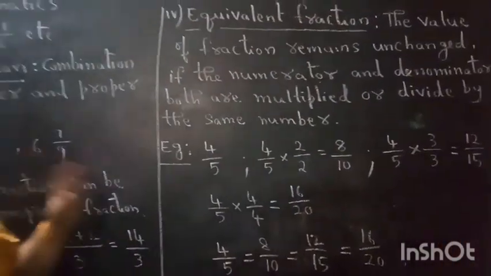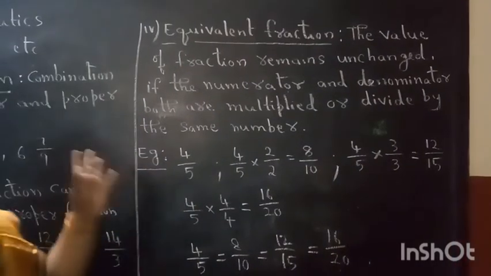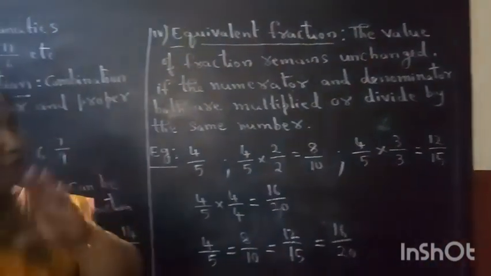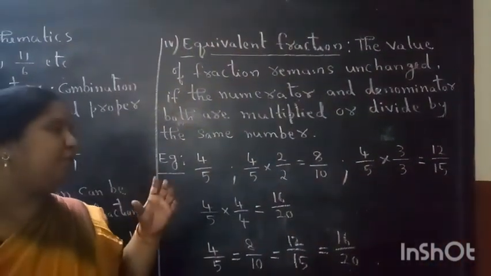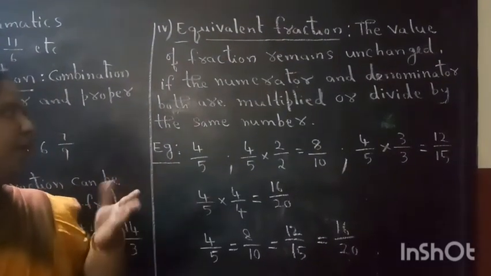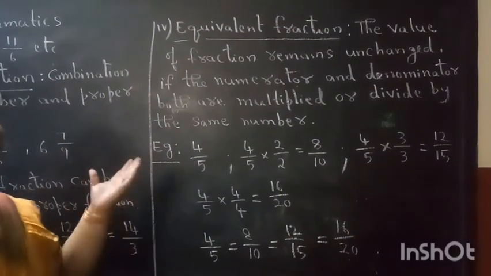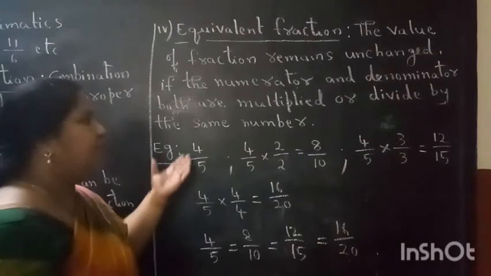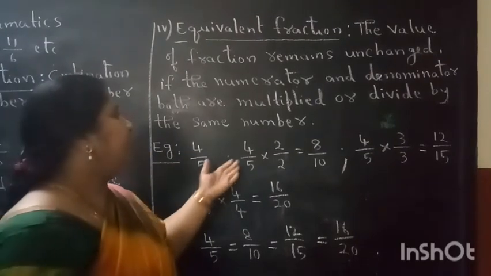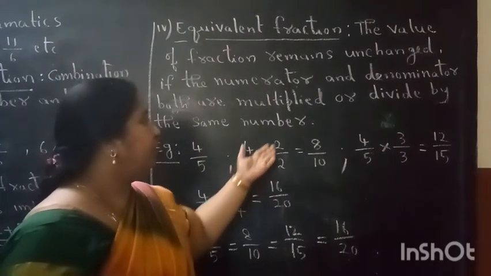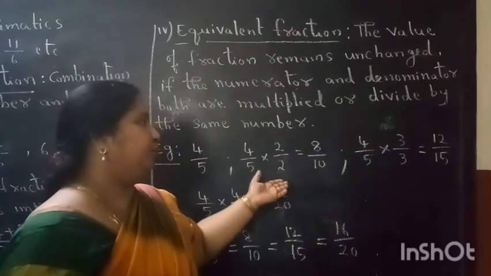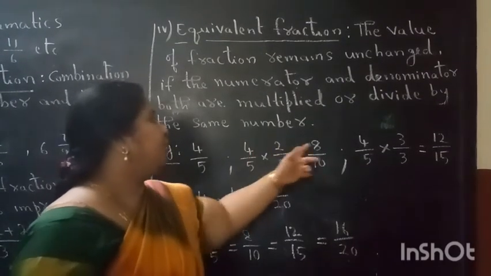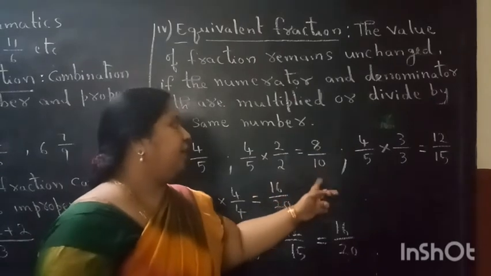The value of a fraction remains unchanged if the numerator and denominator both are divided or multiplied by the same number. Sometimes multiplied, sometimes divided. Here one example is given, 4 by 5. 4 by 5 multiplied by 2, numerator and denominator: 4 2s are 8, 5 2s are 10.